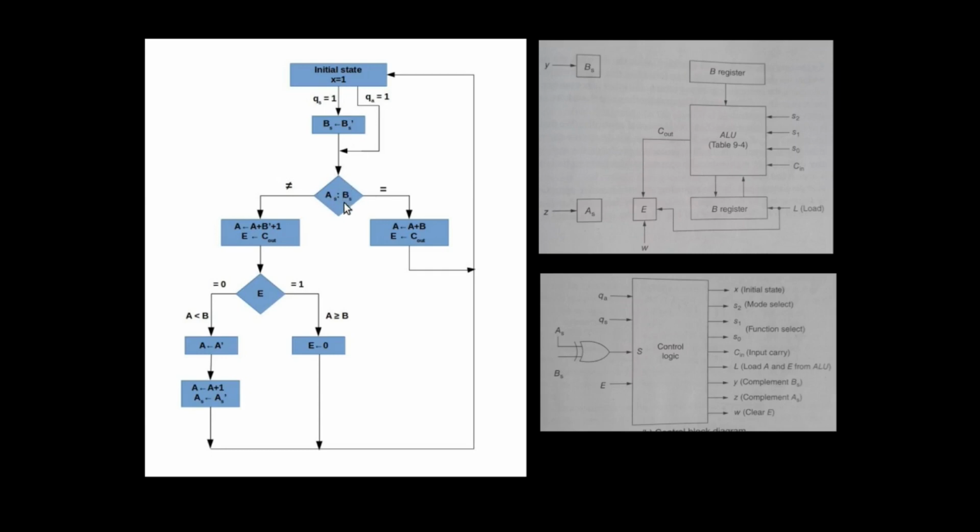Now we are here. If AS and BS are equal, what do you have to do? We have to perform A is equal to A plus B and E is equal to C out. So we need another state corresponding to this one.